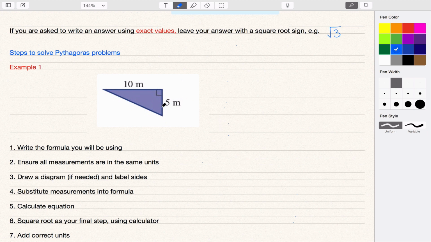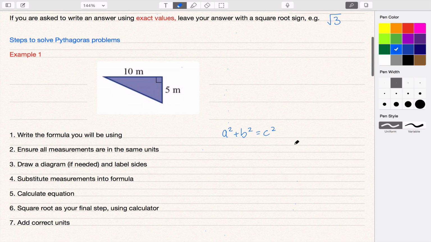So we can use the Pythagoras theorem for this problem because it is a right-angled triangle and we're trying to find the longest side, the hypotenuse. So we can write out the formula we're going to use: a squared plus b squared equals c squared.